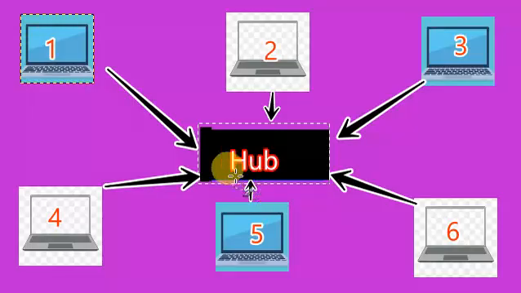Unlike a switch, which will send the data to a specific device. So in essence, a hub is good for a broadcast transfer, which makes it not as intelligent as a switch. That was the reason why I mentioned that a switch is an intelligent device relative to the hub.